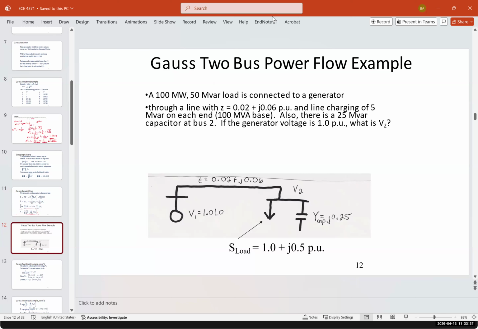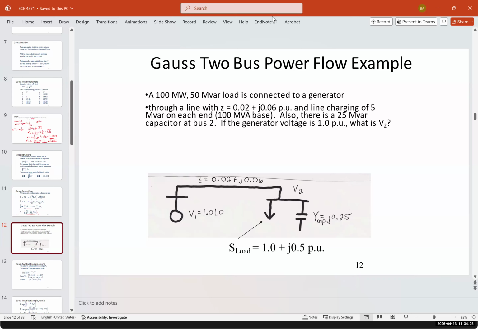Now, an example: we have a 100 megawatt, 50 megavolt-amp reactive load, which is connected to a generator through a line with an impedance of 0.02 plus j0.06 per unit, and line charging of 5 megavolt-amp reactive on each end.